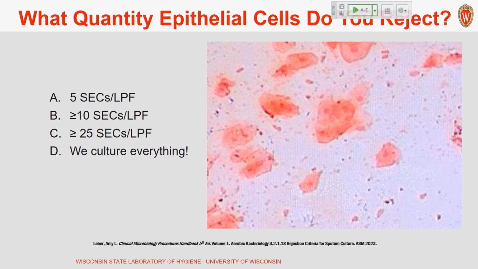In the current updated guidelines, the recommended rejection criterion is actually greater than 10 squamous epis per low power field, which contrasts with what I had historically been taught and followed, greater than 25. That may have been a recent change in the ASM Clinical Microbiology Procedures Handbook.